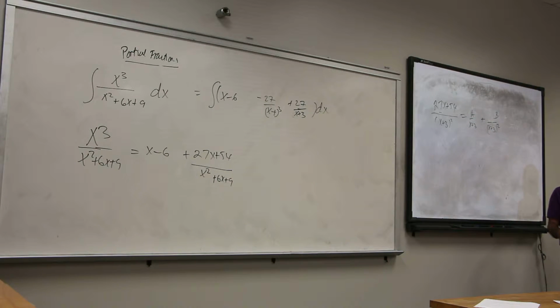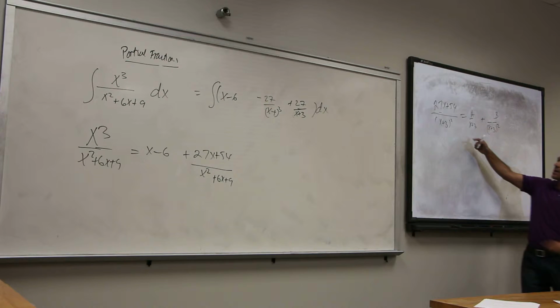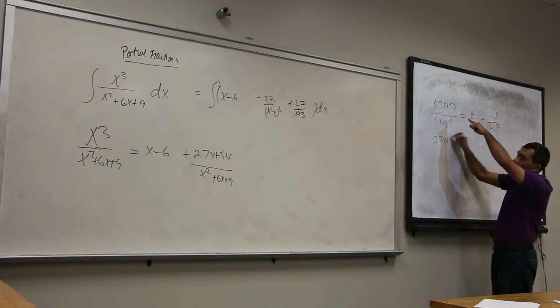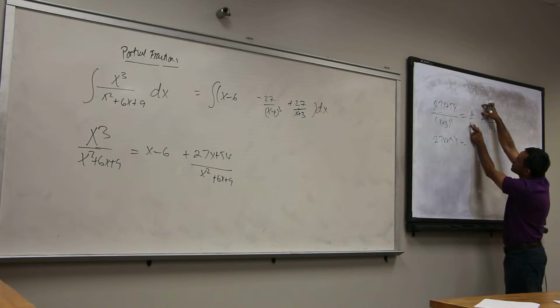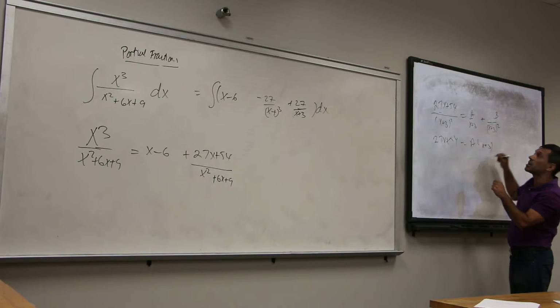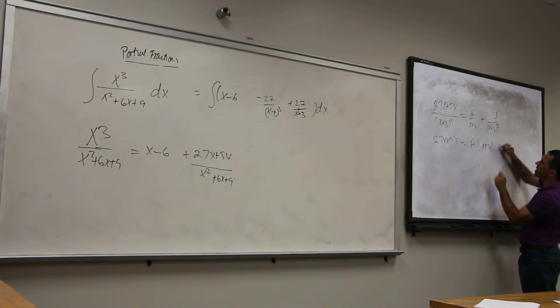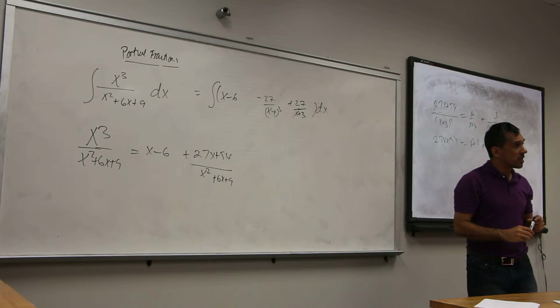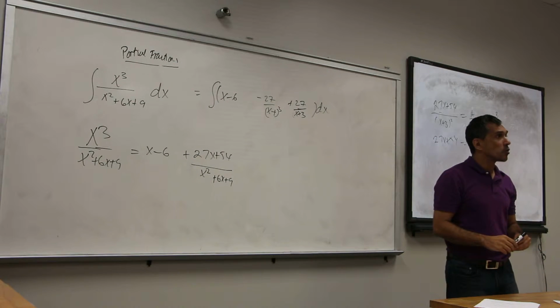You want me to do some algebra for you? Clear the fractions here. I'm going to multiply both sides by x plus 3 squared. I will get 27x plus 54. Multiply by x plus 3 squared, I'll have A times x plus 3. Are you with me? Multiply by x plus 3 squared, I'll have B. Are you with me? Do you know how to clear fractions? Good for you.